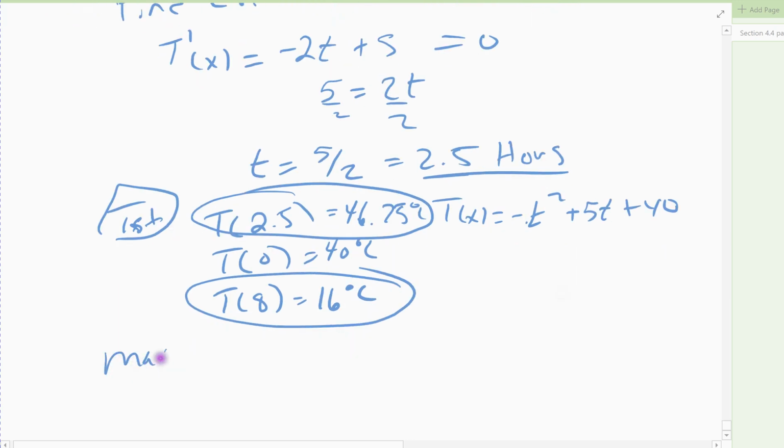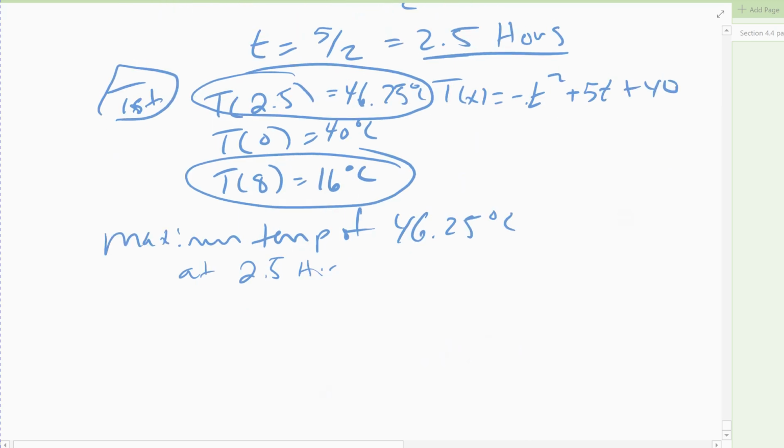We have a maximum temp of 46.25 degrees Celsius at 2.5 hours. We have a minimum temp of 16 degrees Celsius at 8 hours.